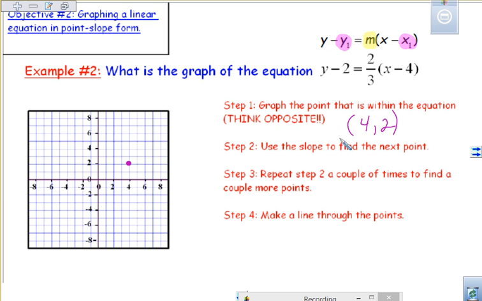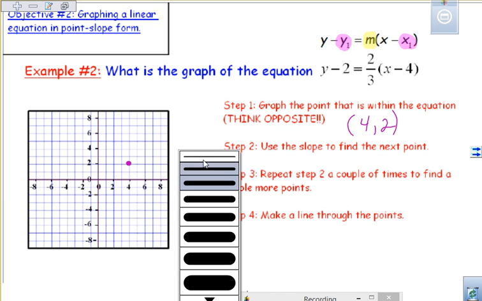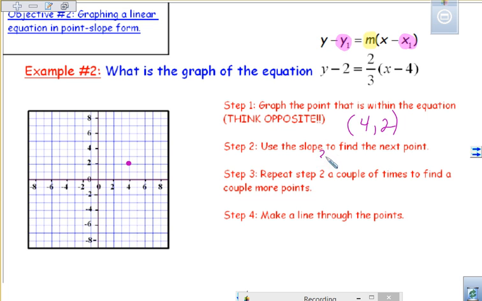Now I need to find the slope, and that is given to me within the equation. So my slope is 2/3, or -2 over -3. So I am going to go up 2, forward 3. And if I do that again, I'll be off my graph. So I'm going to go down 2, backwards 3. So repeat that a couple of times.